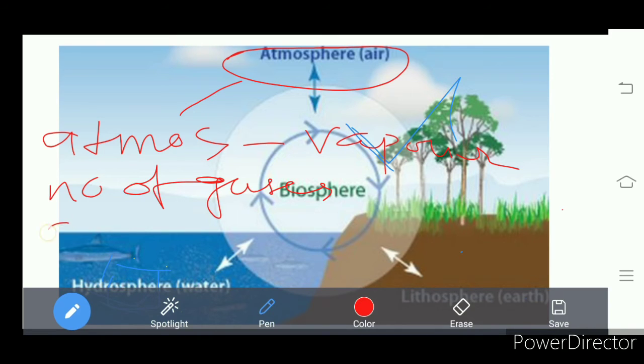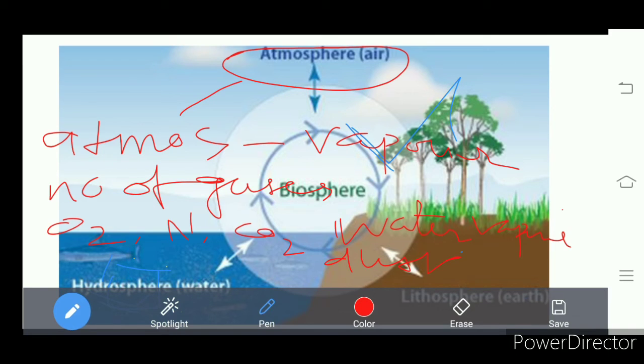Several gases are included here. That is oxygen, nitrogen, then carbon dioxide, water vapor. Water vapor is also a gas. And dust, which I just now mentioned in the lithosphere.